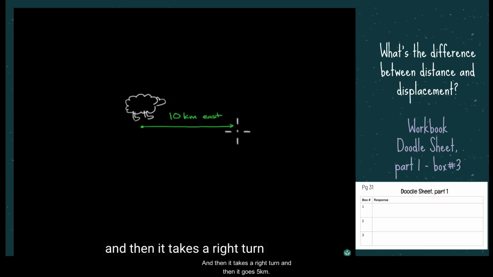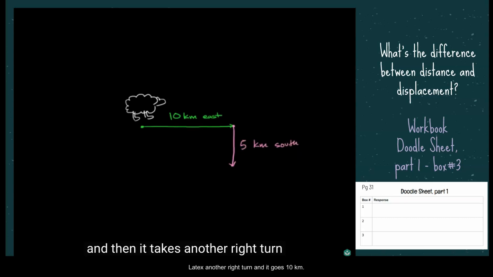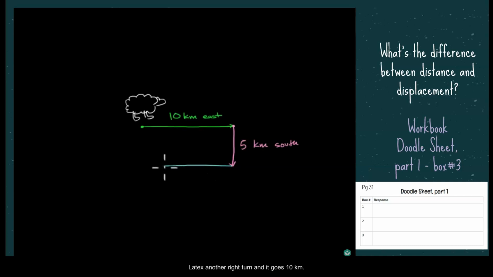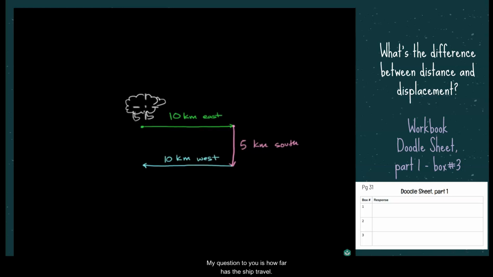Then it takes a right turn and goes 5 kilometers south. Then it takes another right turn and goes 10 kilometers west.